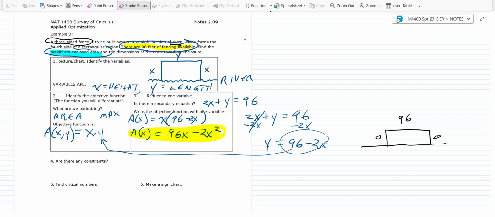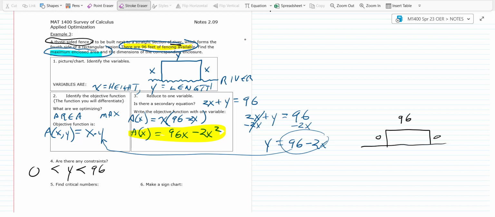So basically that value of y has to be between 0 and 96. If you used up all 96 feet on the length, then you wouldn't have a width, right? So that value of y falls somewhere between 0 and 96.